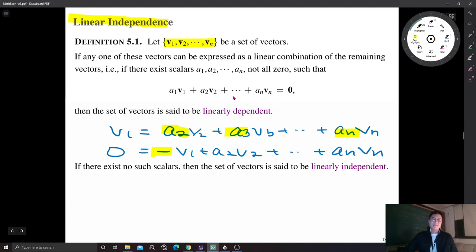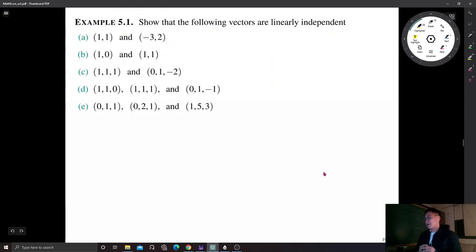So there is no such linear combination having 0 value. Then we say the set of vectors is linearly independent. This might be a little bit tricky, but if we do some examples, I think this concept will be very clear.